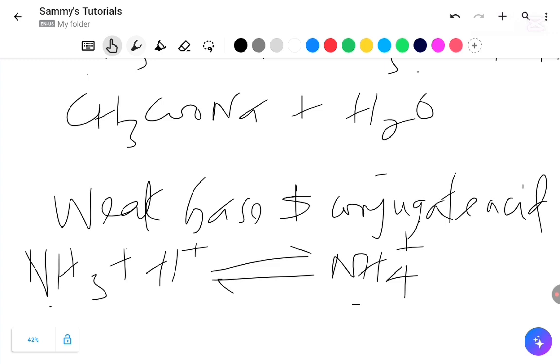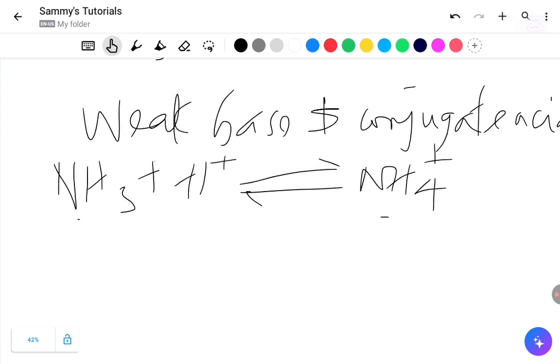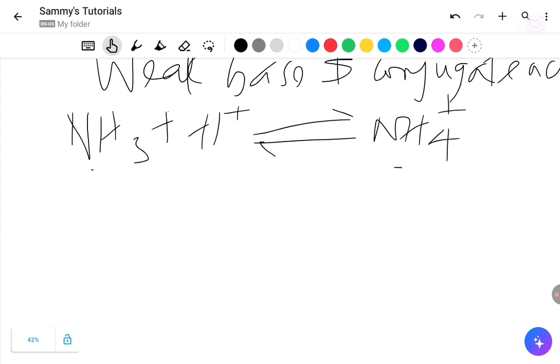What happens in this one is that in the buffer solution, if an acid is added, this will donate its proton to it and stabilize the solution so that the pH will not change. On this note, we can proceed to what we call buffer capacity.